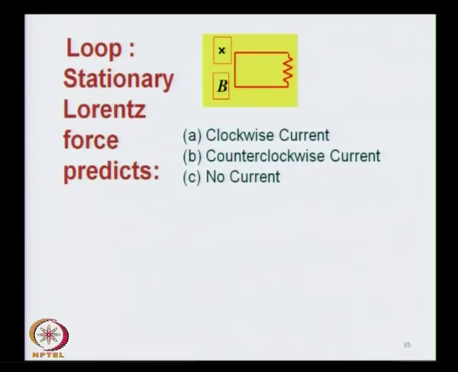Then will there be any current in the loop? If so, will the current be clockwise or will it be anti-clockwise? And the directions clockwise and anti-clockwise are with reference to how this loop appears to you. So, will there be any current at all? No. So, that is the correct answer.